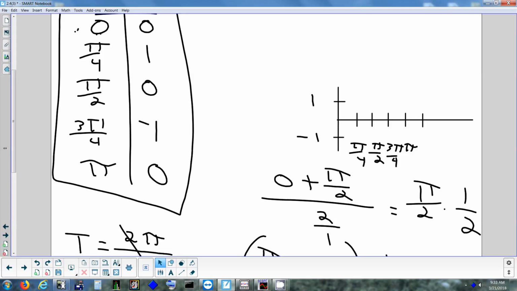Okay, and now graph your points. 0, 1, 0, -1, back to 0. Everything looks nice and symmetrical, looks good. Questions on how we sketch that?